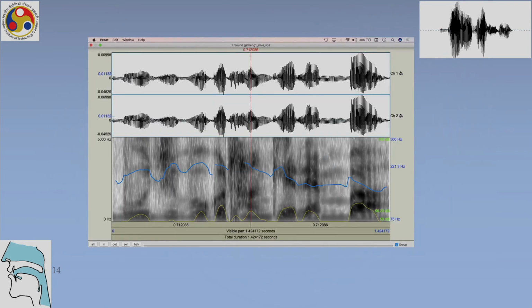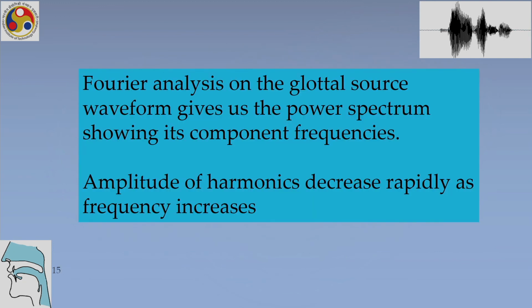Now this is a wideband spectrogram and a waveform. Here is an entire sentence; what you see below is a spectrogram, and here is the waveform. So how did we get these things? We will look at these in this lecture.